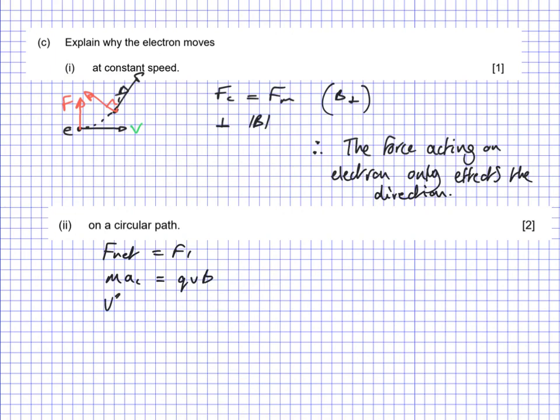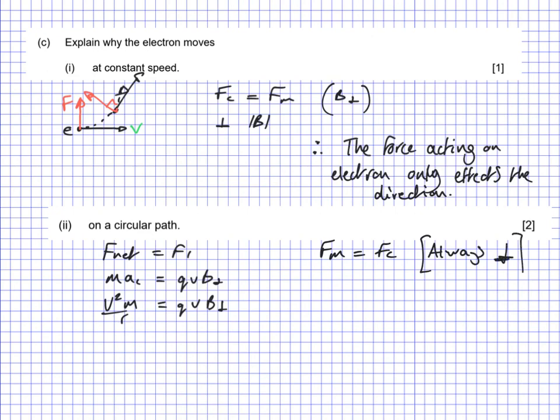So we end up with V squared M over R being equal to QVB, perpendicular. And so this is what causes this change in motion in a circular motion. It's the same reason. It's because the force magnetic is the force centripetal, and this is the important bit, it's always perpendicular.